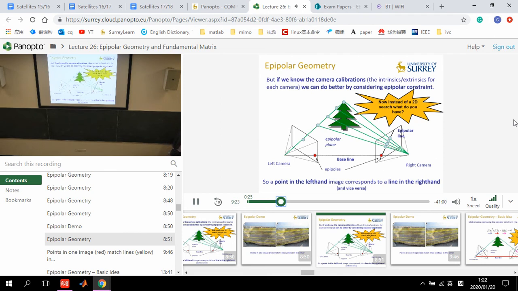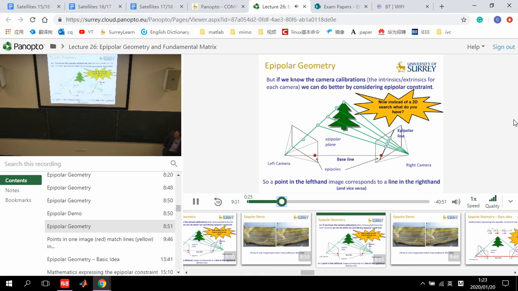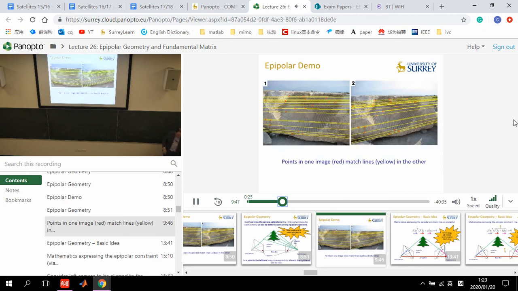And we call that the epipole, which is the point shown in red there. So all the epipolar lines that would be traced out by picking other points in space other than the top of that tree there would generate epipolar lines that cross the epipole. And this setup of the epipolar plane, the consequent epipolar lines, and the epipoles, this is what we call the epipolar geometry. I'll show you a quick demo.